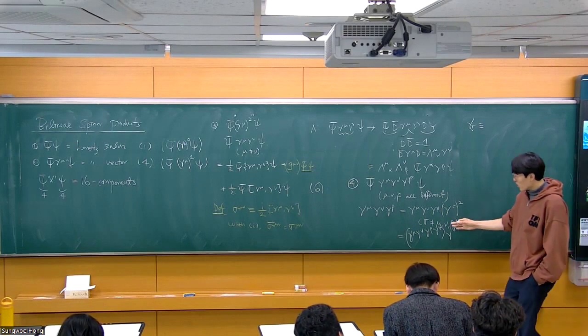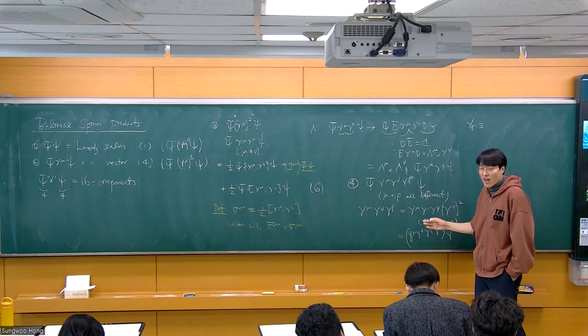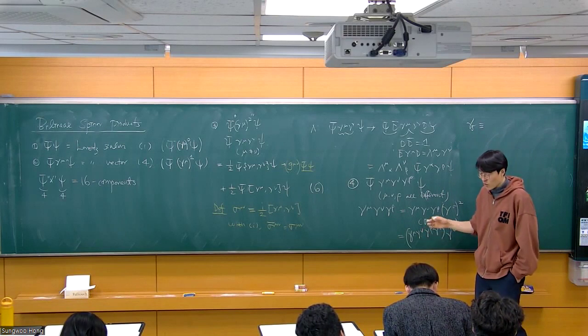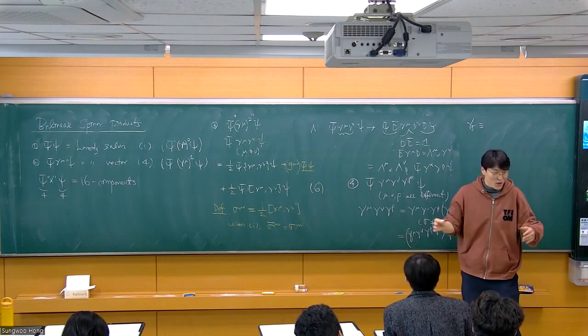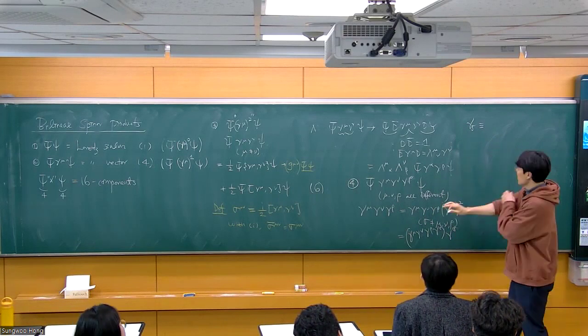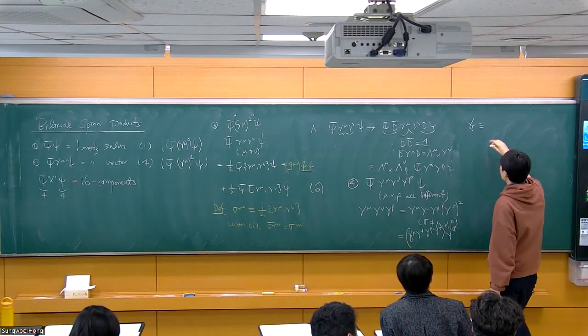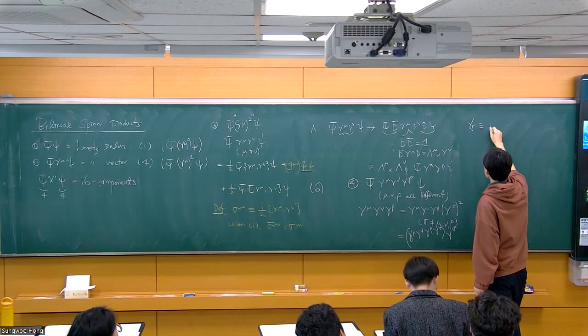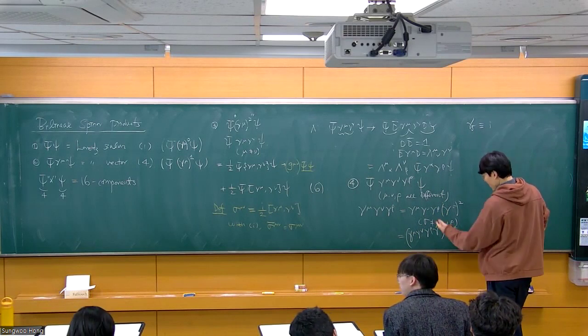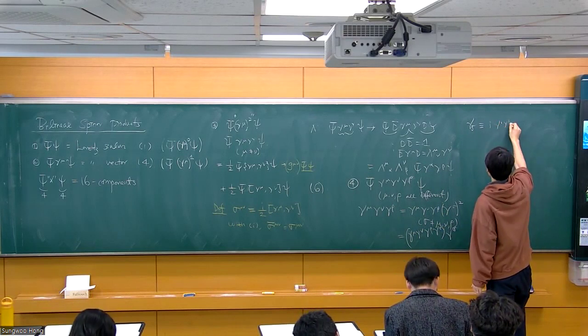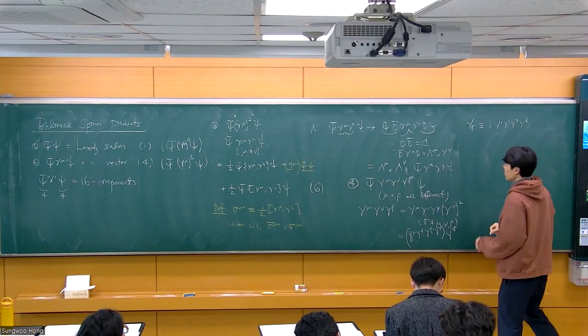Because if you go to the Euclidean, it's nonsense to talk about 0. So you have to actually do 1, 2, 3, 4. They actually have to use 5. Okay, so that's the real reason. Anyway, let's define this. So that is, I define as i times, by convention, gamma 0, 1, 2, 3.